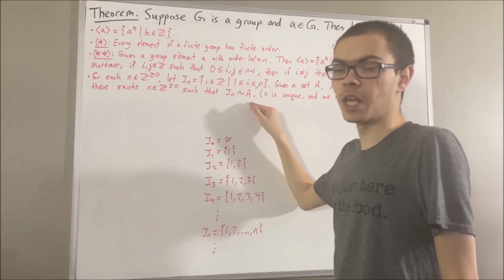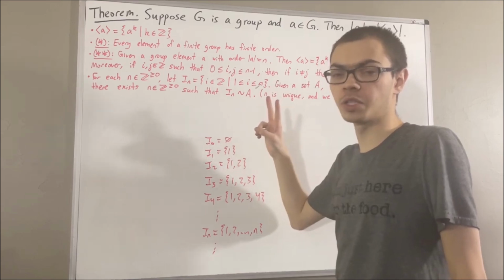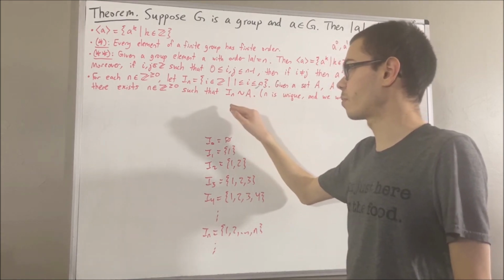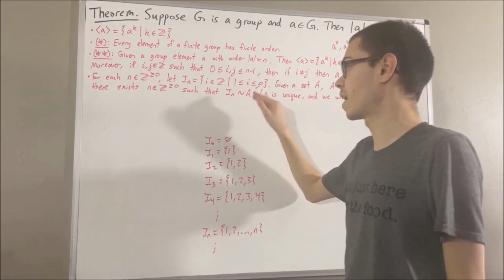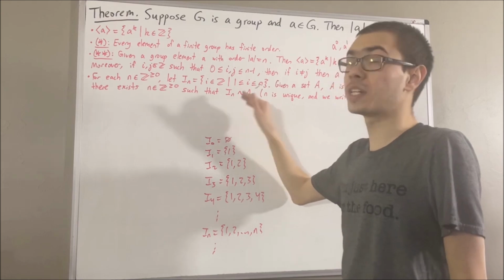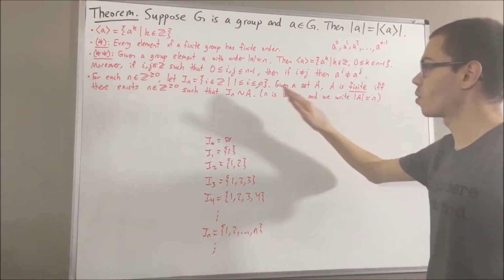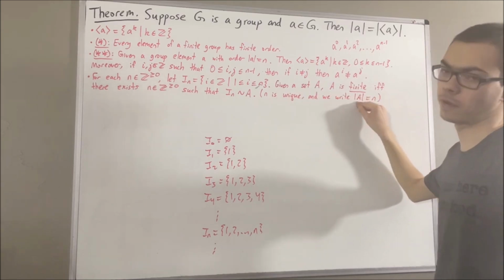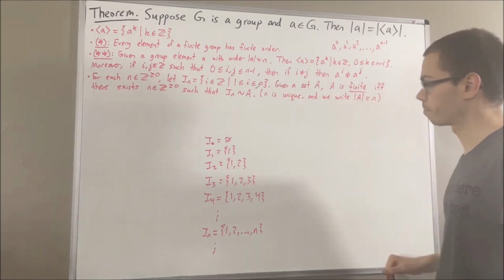So, if we know of two integers greater than or equal to 0, n1 and n2, such that there exists a bijection from I_n1 to A, and there exists a bijection from I_n2 to A, then n1 and n2 are equal. So n is unique, and we call this unique number n the number of elements in A, and we write it like this.